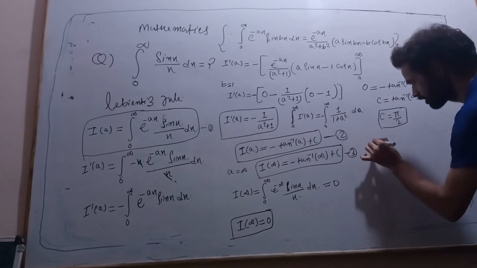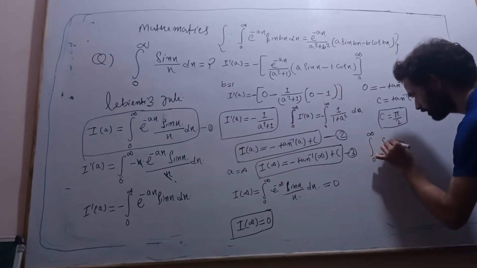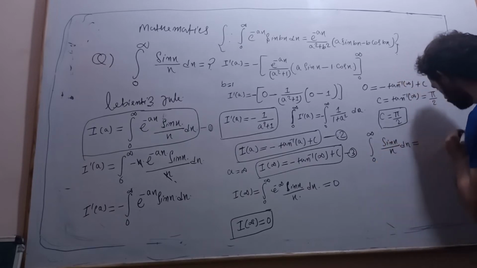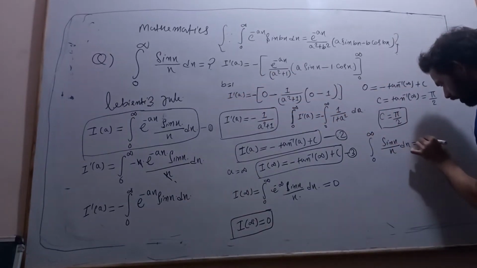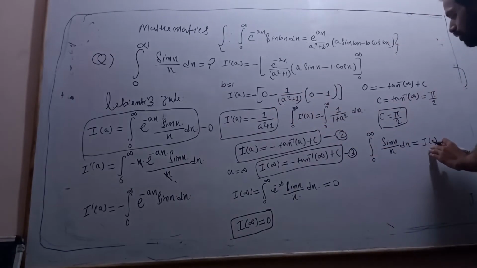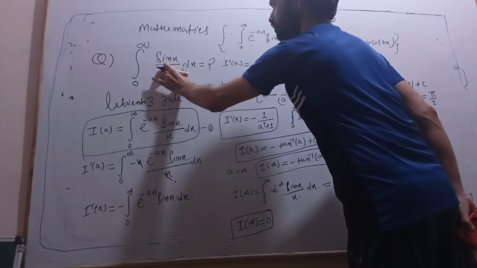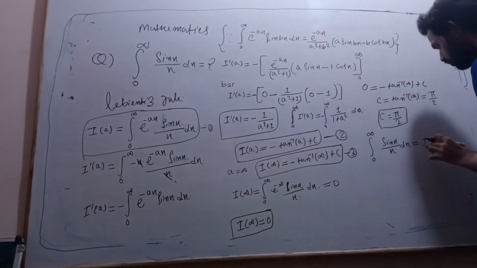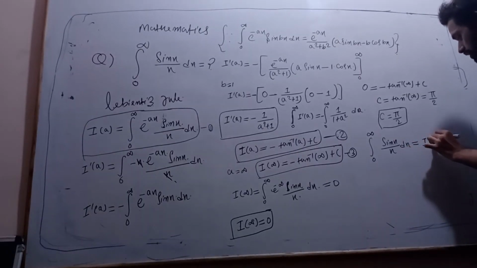This integration from 0 to infinity of sine x divided by x dx is equal to I of 0. If you put a equal to 0 here, it is exactly equal to this one. So our target is to determine this I of 0.